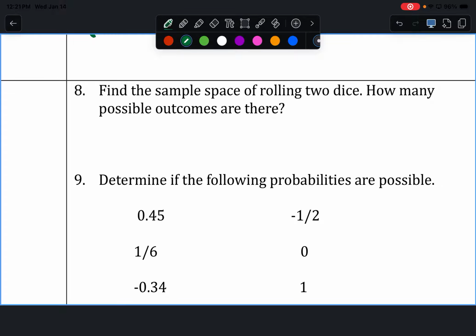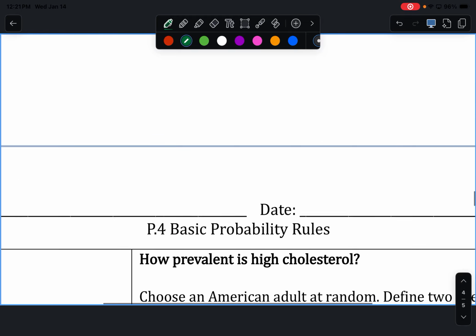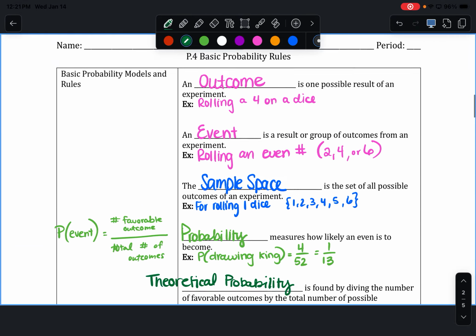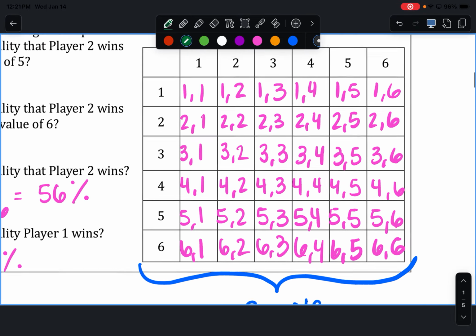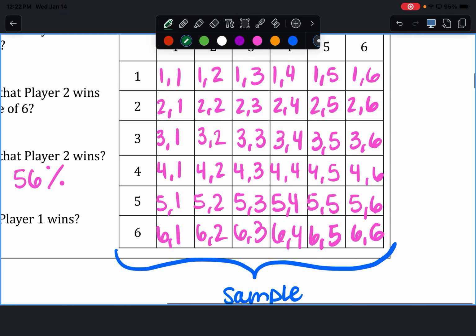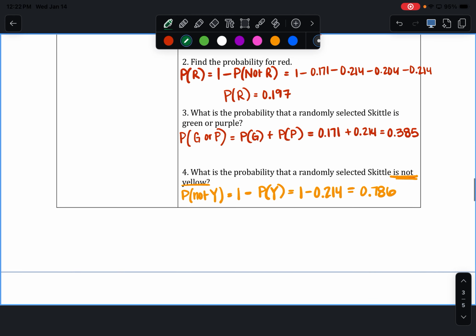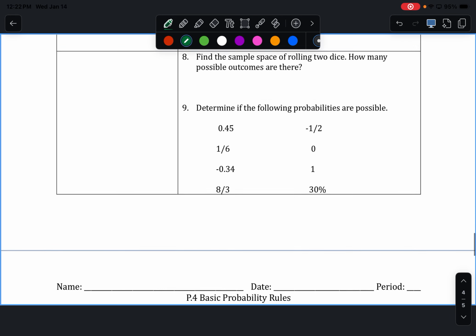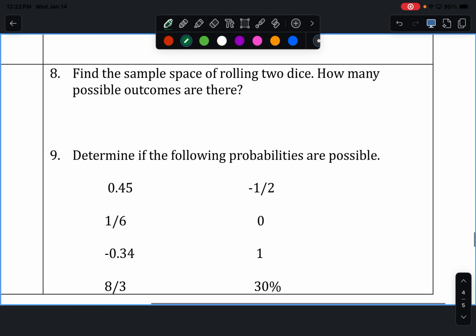I have gotten tired of writing that sample space over the last few days. We did it a few pages back right here. That is our sample space for rolling 2 dice. That is the full sample space. How many things are inside that sample space? 36, okay? So there are 36 things inside that sample space.